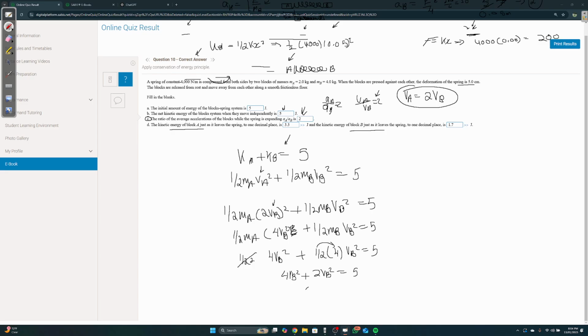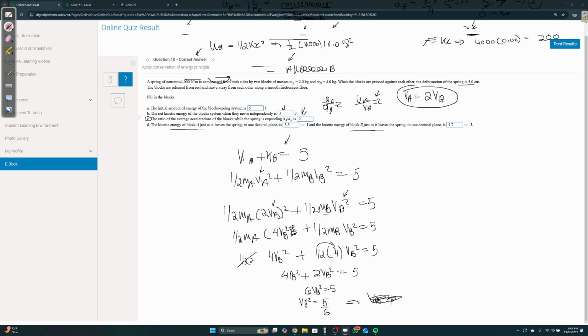So 6VB squared is equal to 5, so VB squared is equal to 5 over 6. You can keep it as squared, because when you substitute this into the kinetic energy, you're keeping it as squared also.